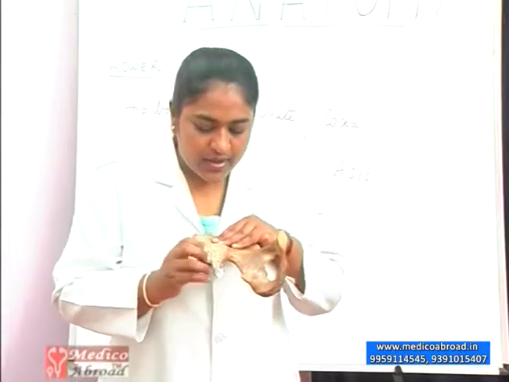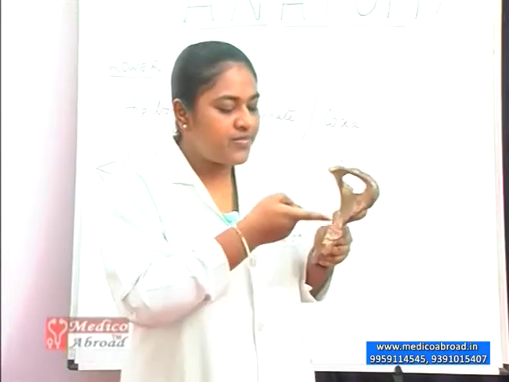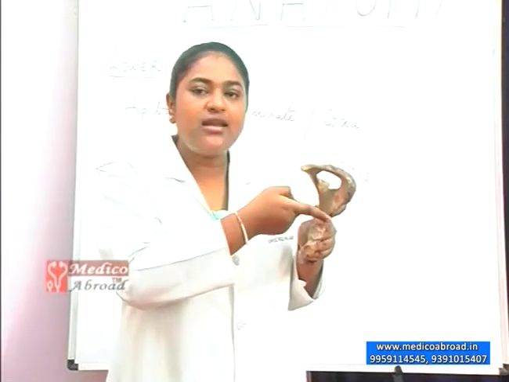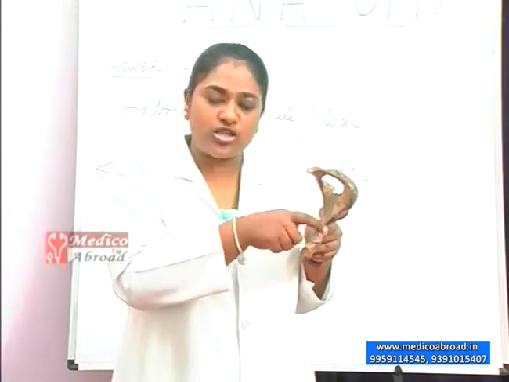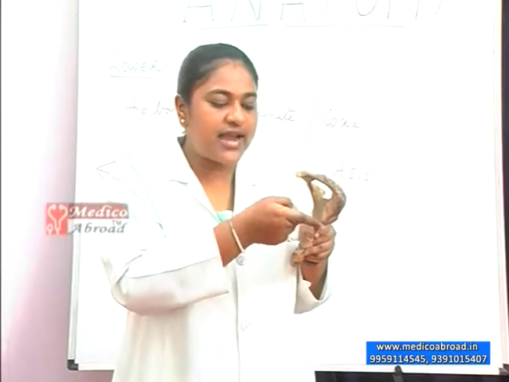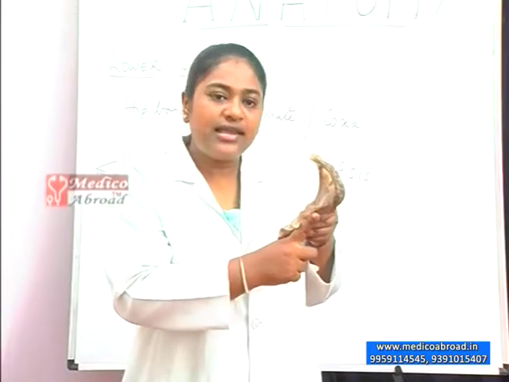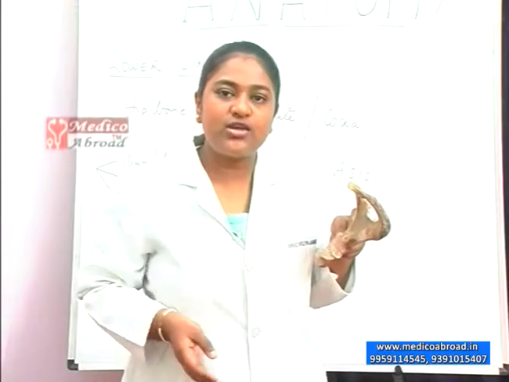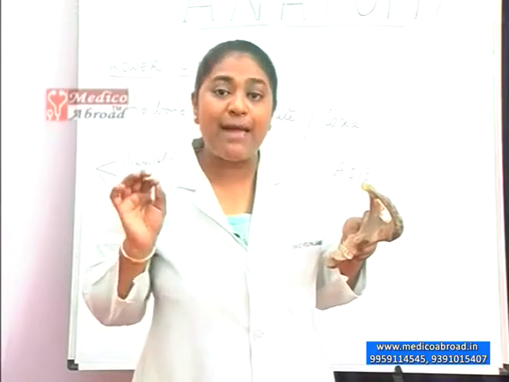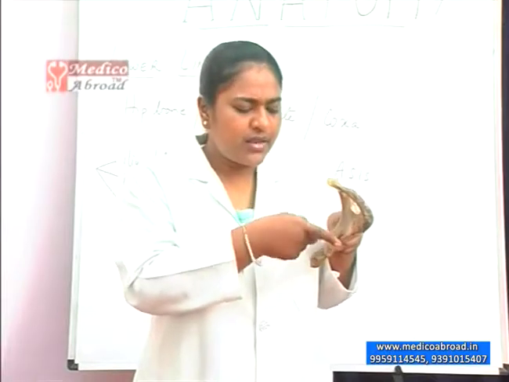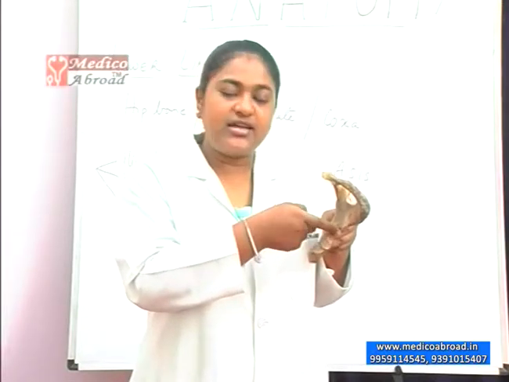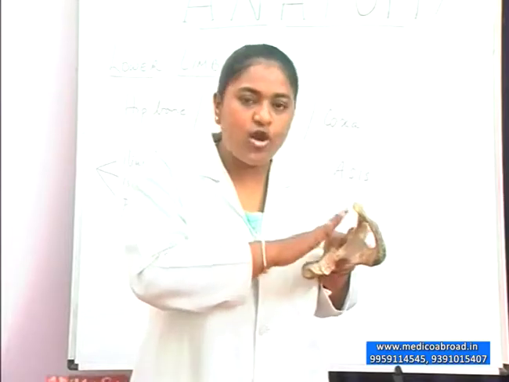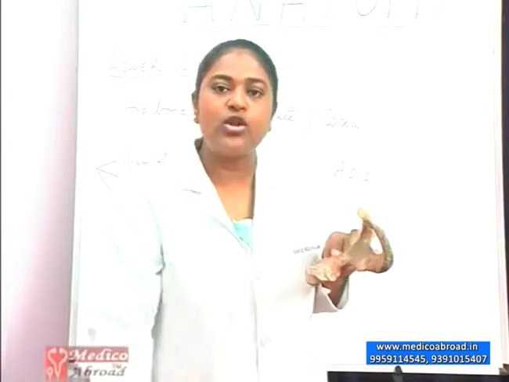Now as you can see here, you have this depression called the greater sciatic notch. There is a ligament which completes this notch and makes it into the greater sciatic foramen. The greater sciatic foramen transmits certain structures from inside the pelvic cavity into the lower limb.